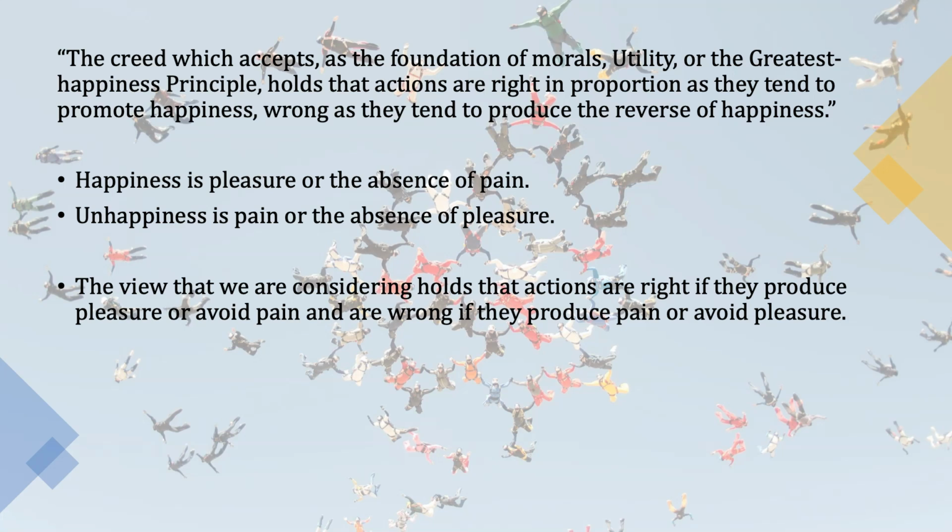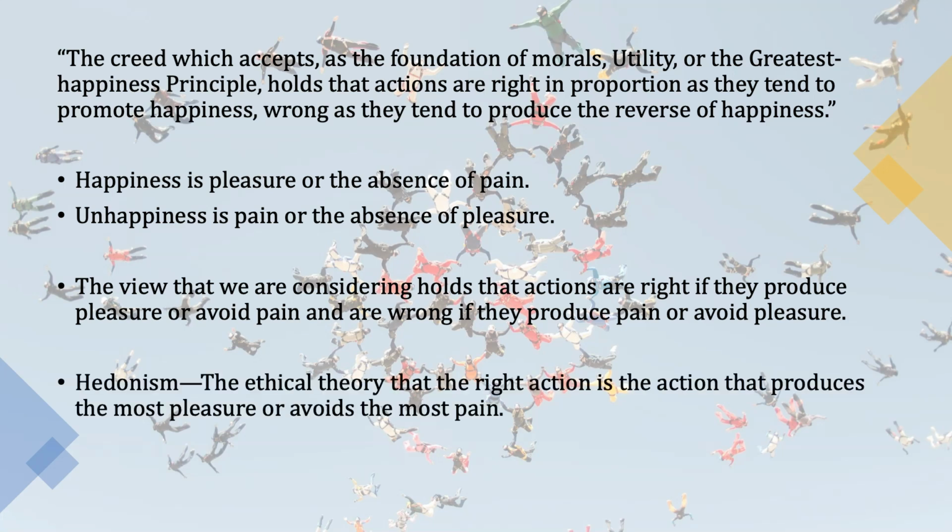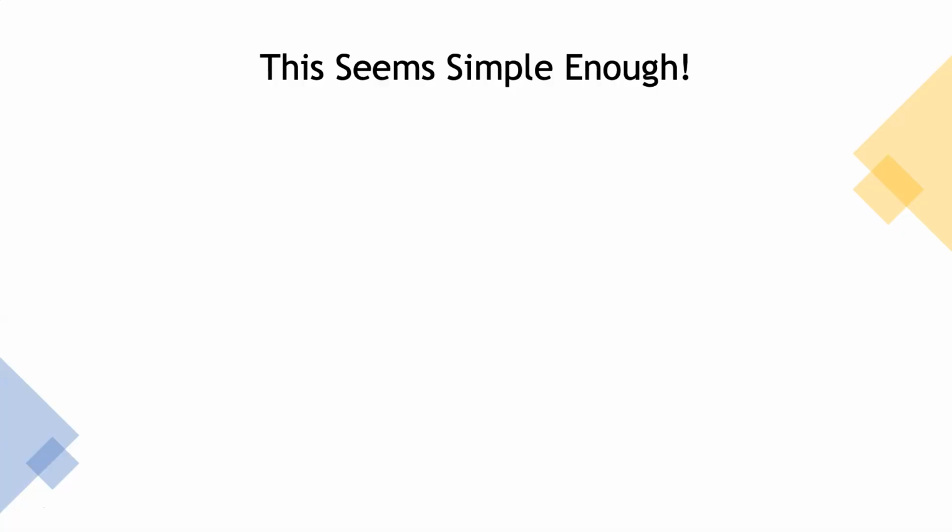And given the title of this reading, what we end up with is hedonism. Hedonism is the ethical theory that the right action is the action that produces the most pleasure or avoids the most pain. All right, this seems simple enough, but not so fast.